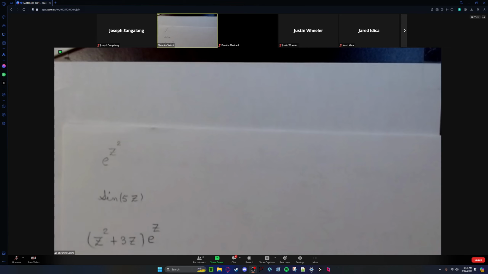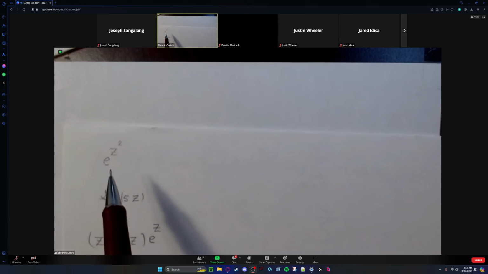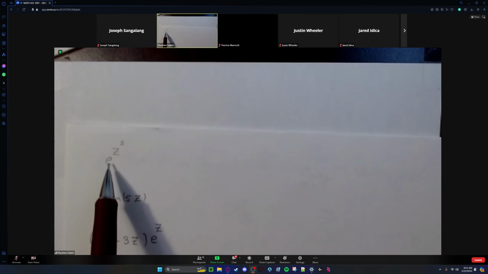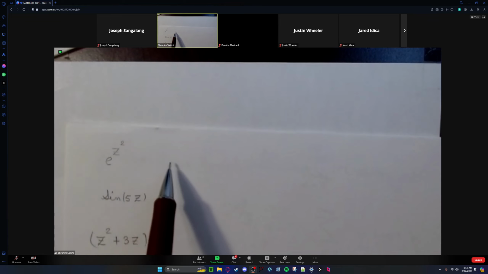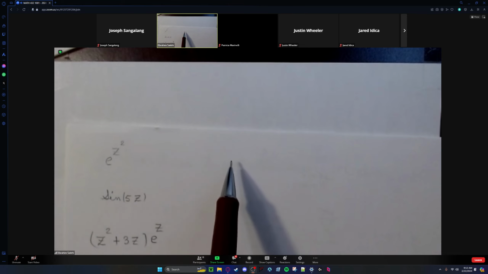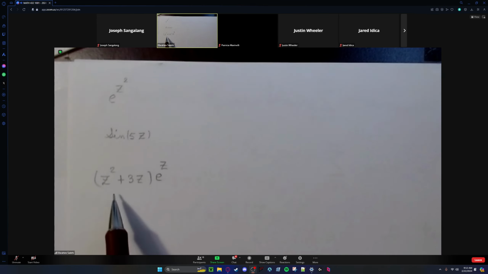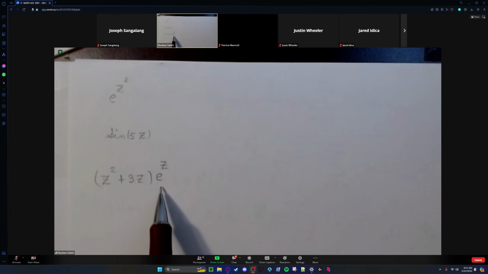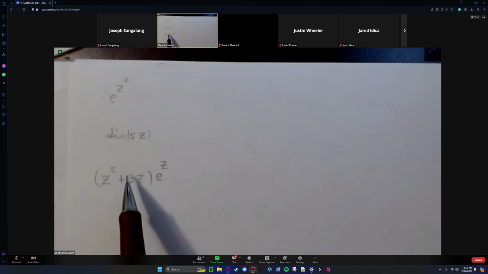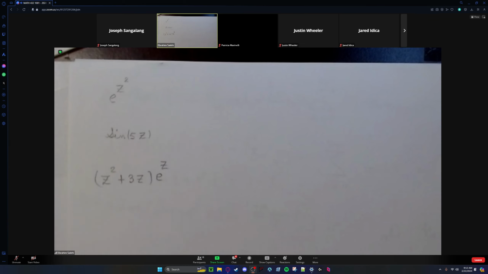But the question is, since we like power series and they behave sort of like polynomials, can we write the power series representation of this function? Here's another function. Here's another one. Can we write sort of a power series representation of these functions?